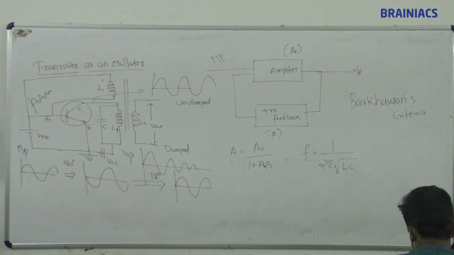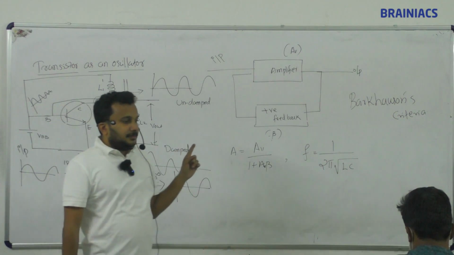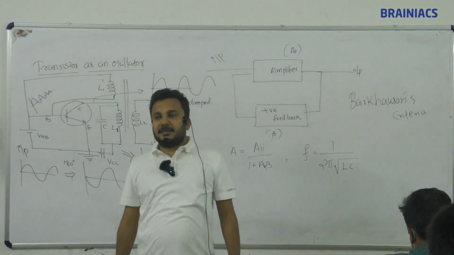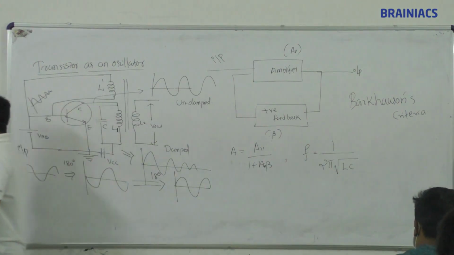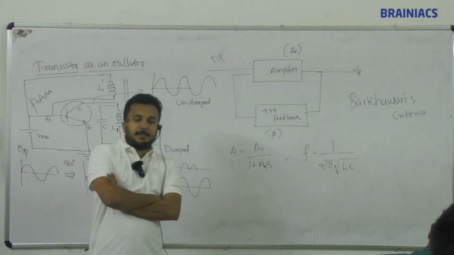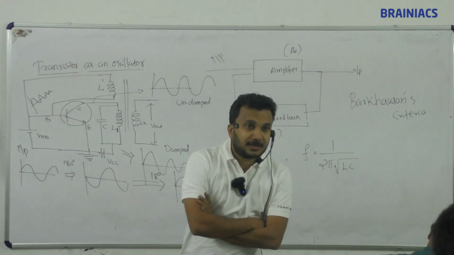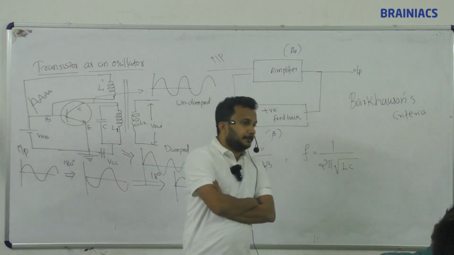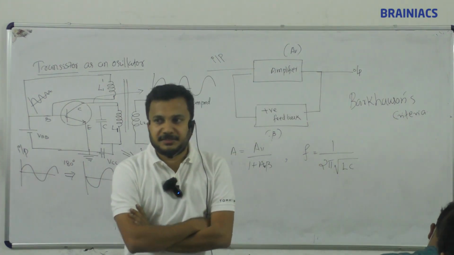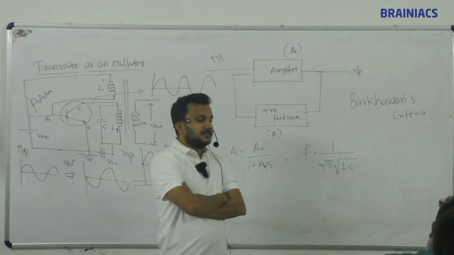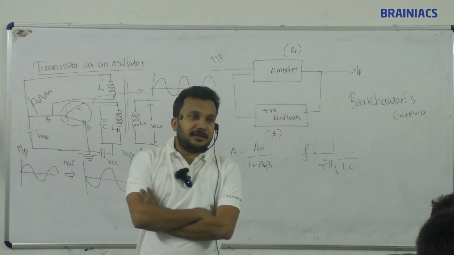Okay, next point. The phase difference between the output signal and input signal of the transistor, how much is the phase difference? 180 degrees. Very, very important. The phase difference of the transistor is 180 degrees.